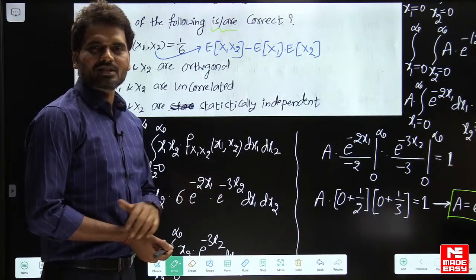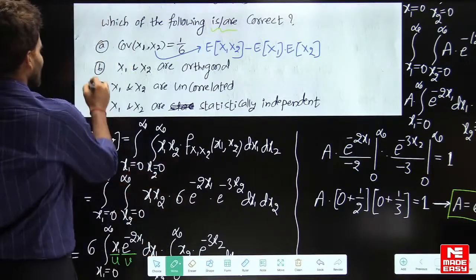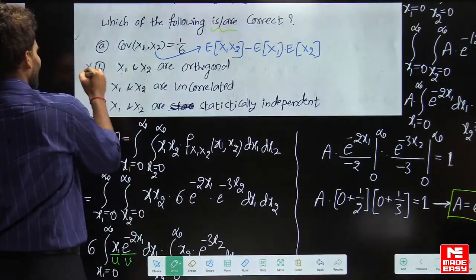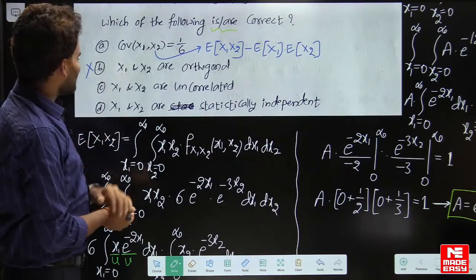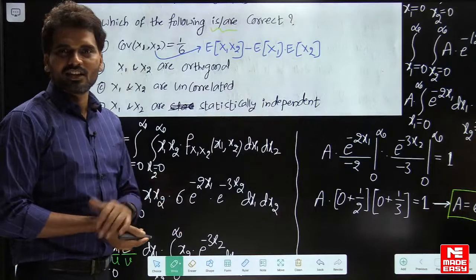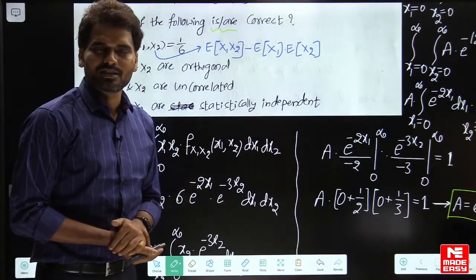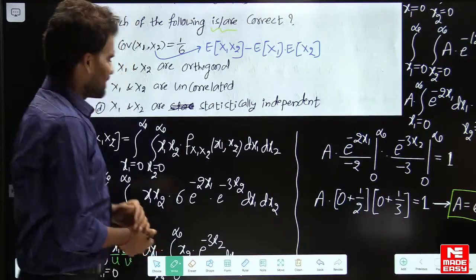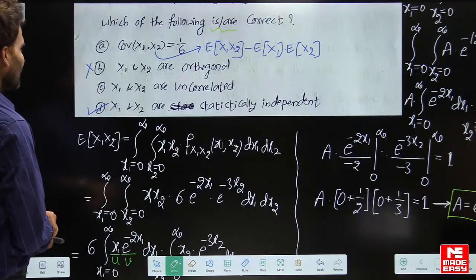But here we got 1 by 6, so x1 and x2 are not orthogonal. So option B will be incorrect. Next, option D: x1 and x2 are statistically independent, of course, because the joint density function is the multiplication of individual density functions, so both are independent. It's true.